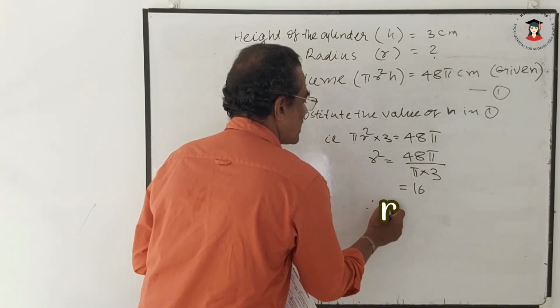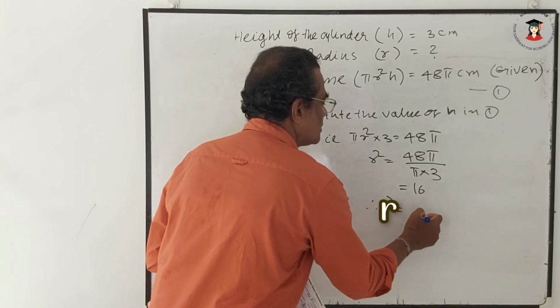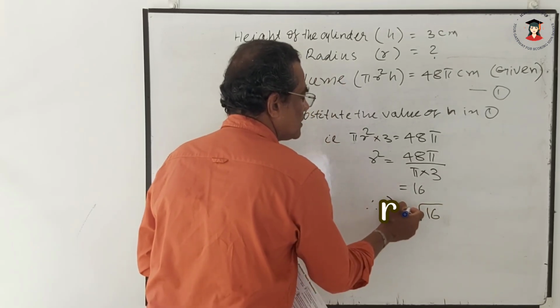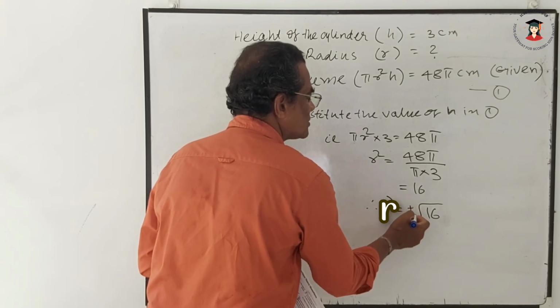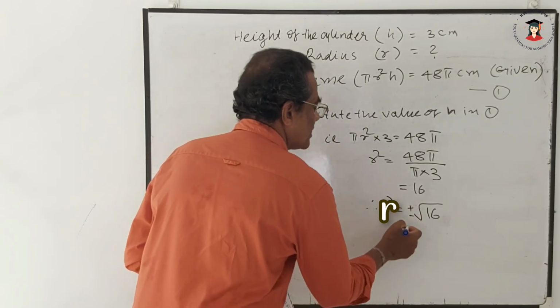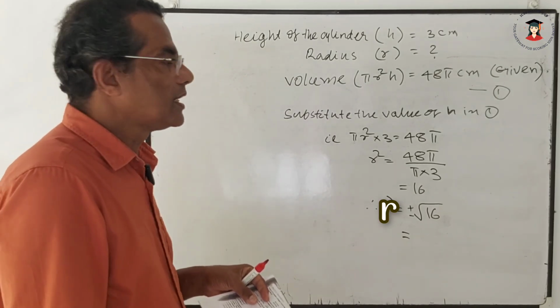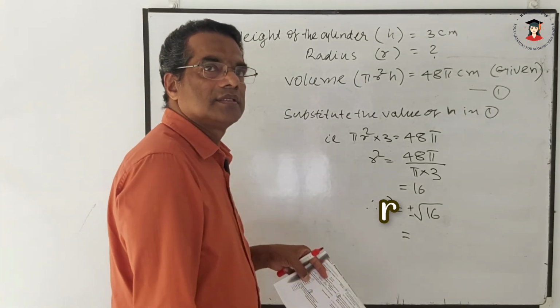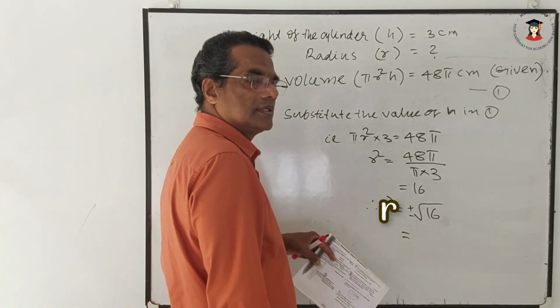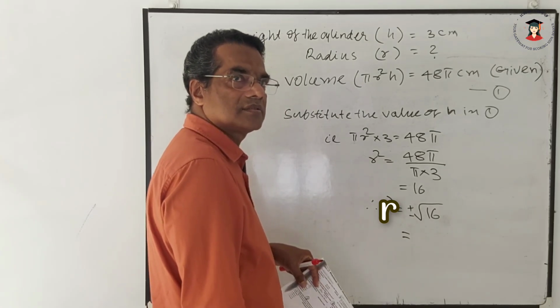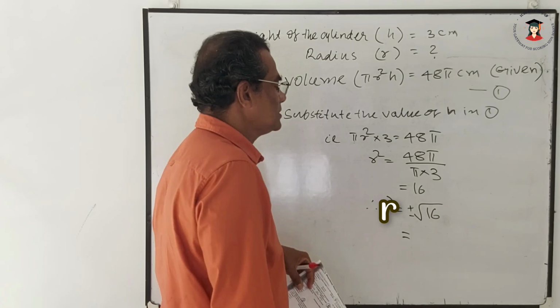Therefore, R equal to square root of 16. Actually, it is plus or minus root of 16. But we will take the positive value since R is a length. Length cannot be negative. We don't mention length as a negative quantity.